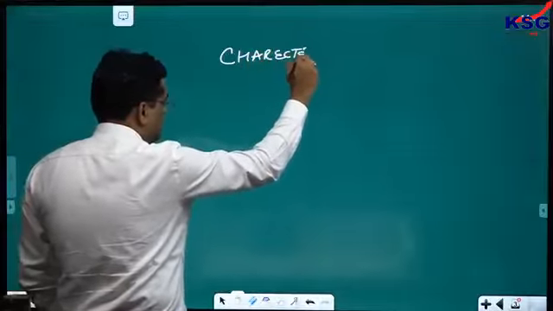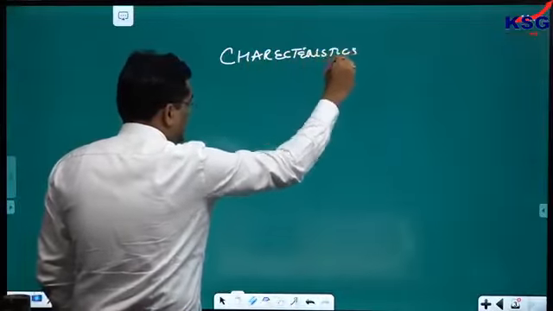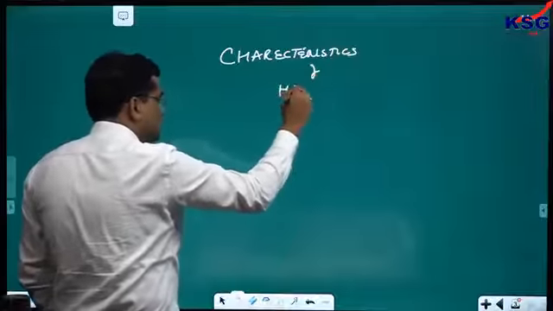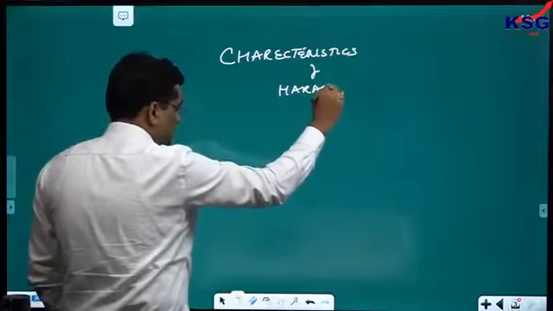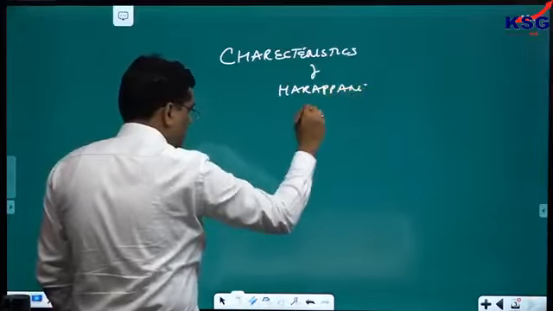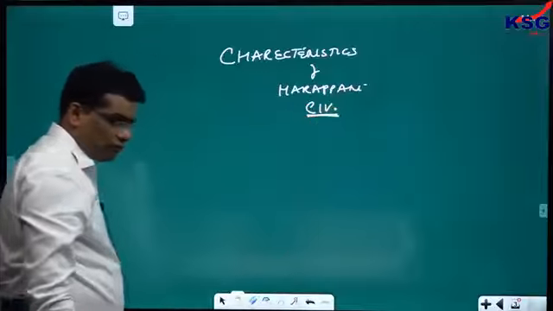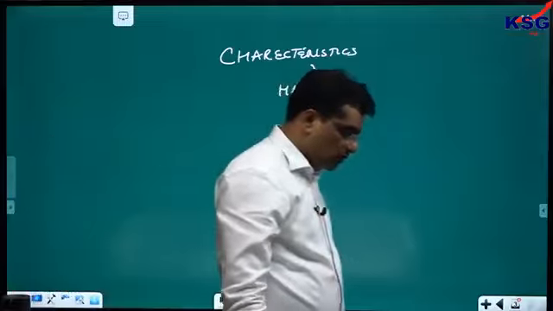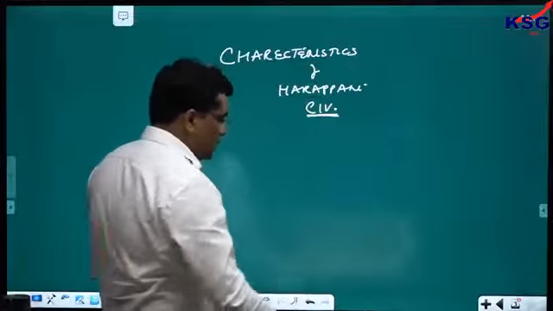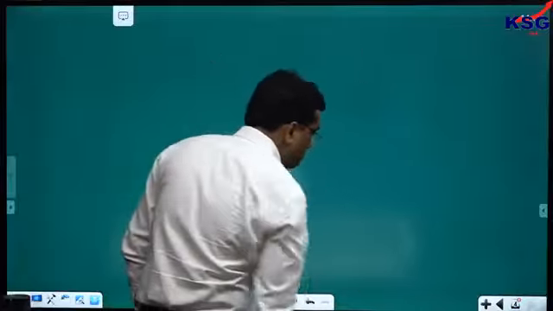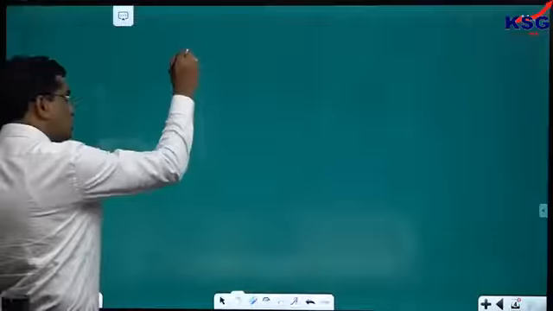Characteristics of Harappan civilization. What are the characteristics of Harappan civilization? First, town planning.